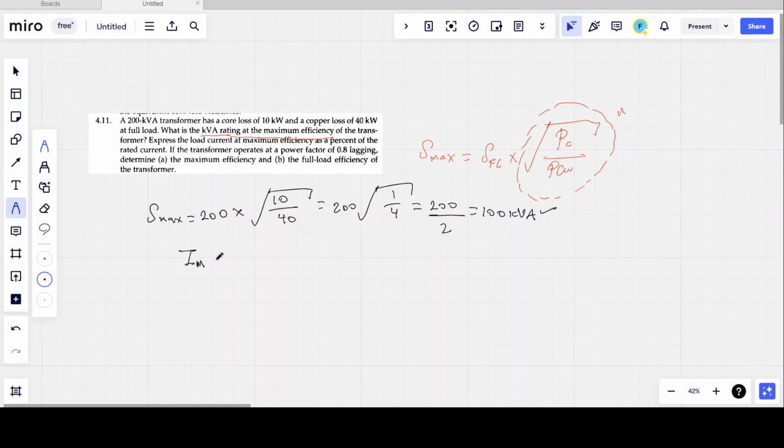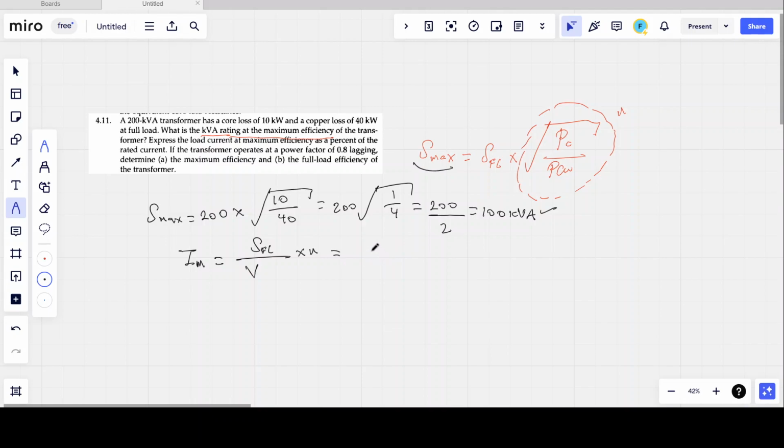And how do we get I max? I max is nothing but the voltage and then S times N, and this is your full load value. So S times N is what we have seen before as the value of S max, and that we have already found.